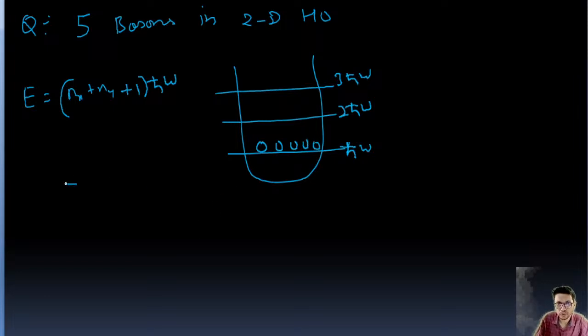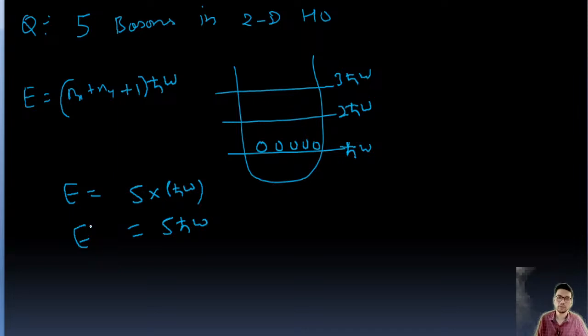So energy is going to be 5 into h cut omega, which is 5 h cut omega. So the energy of 5 bosons in a 2D harmonic oscillator is going to be 5 h cut omega, right? Simple, guys.